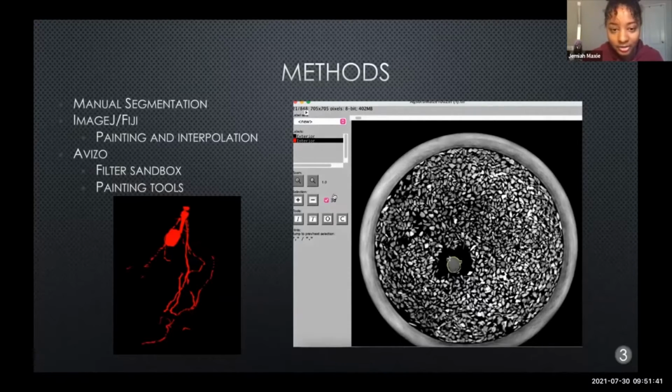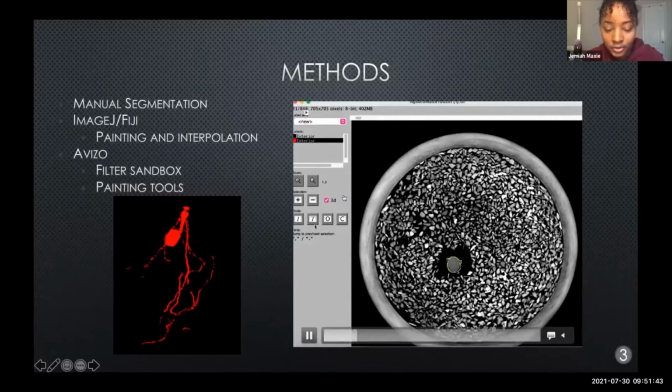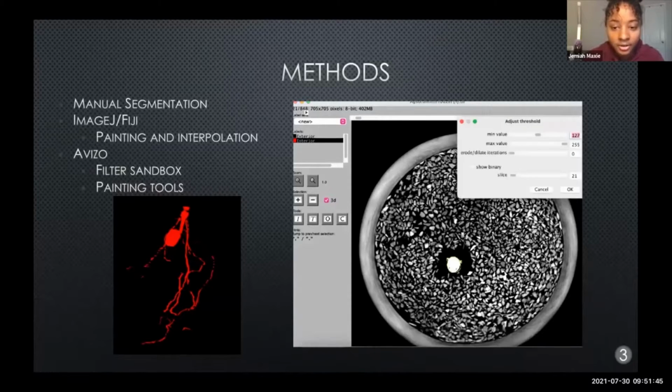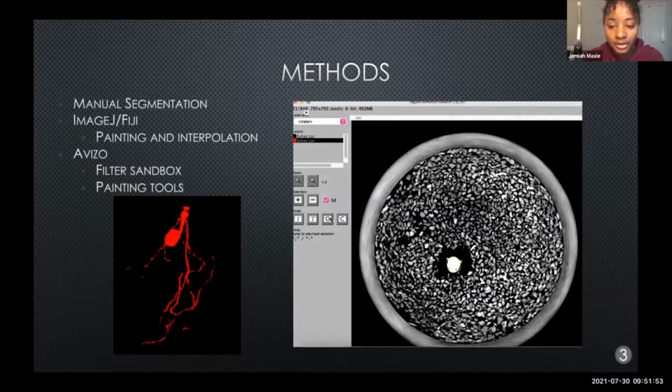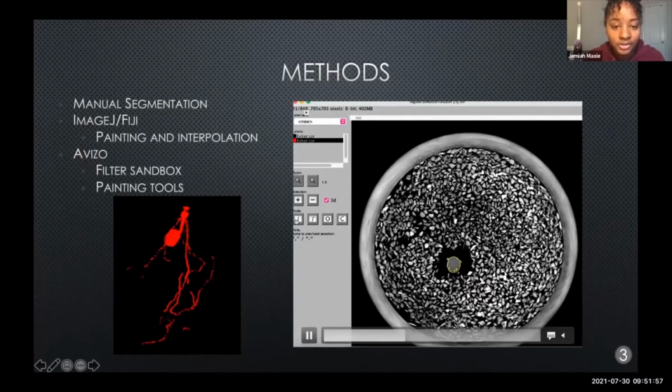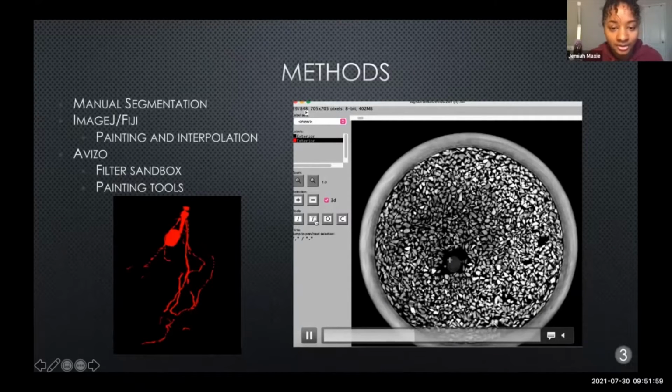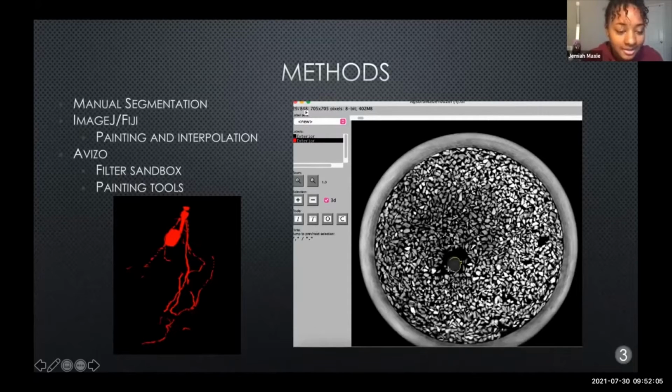Right here, you can see a short clip of me using their segmentation editor, going through the slices and outlining it, and then interpolating the data so that everything in between is highlighted. There's the interpolation function here, then thresholding, an open and close function. But as a result, this is what I got on ImageJ.